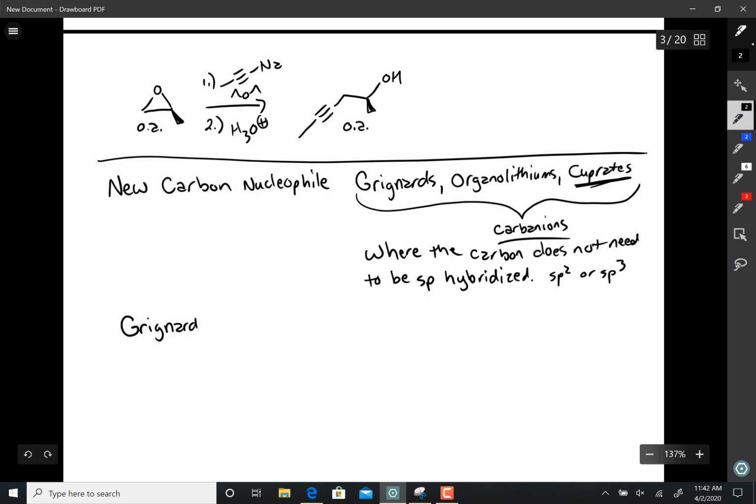And the only difference between these is what the counter ion is. In a Grignard, say ethyl Grignard, it looks like this. Or it could be this, or it could be this. The key is, you have a carbon-magnesium bond, and then the magnesium is also bonded to a halogen, like a bromine, a chlorine, or an iodide.